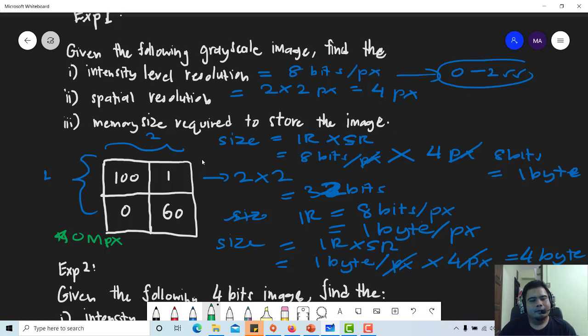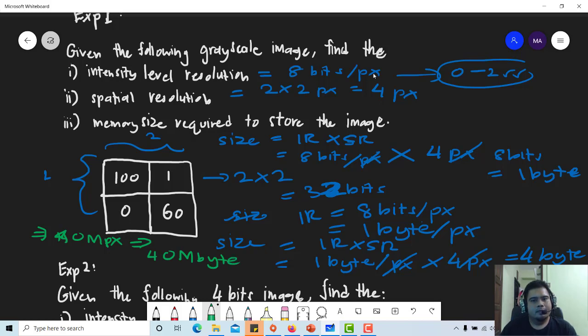So one picture with this resolution of 40 megapixel means that the memory size you need inside your SD card is actually how many? 40 megabyte.